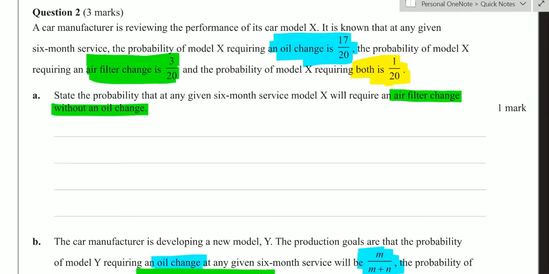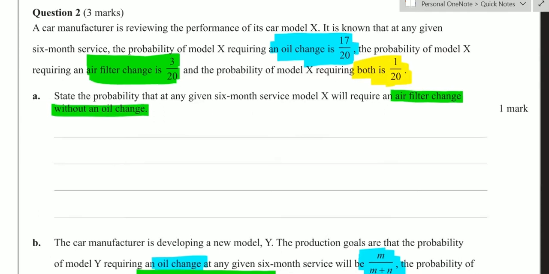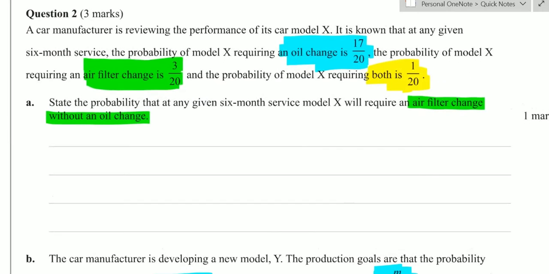It needs one of them, can't not have any of them. But the main thing you have to realize is that you're going to use a Karnaugh map for this. And you can see that with the wording, like the word both, that means intersection. If it was or, that would be union. But for this question, it says both, so intersection.